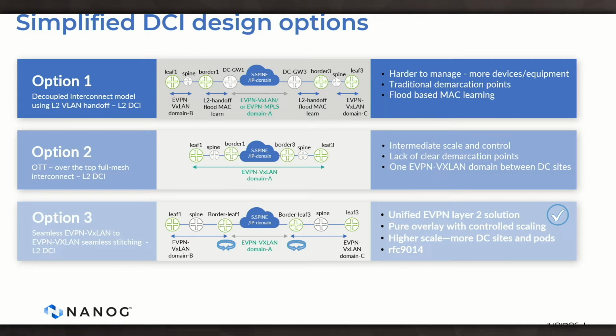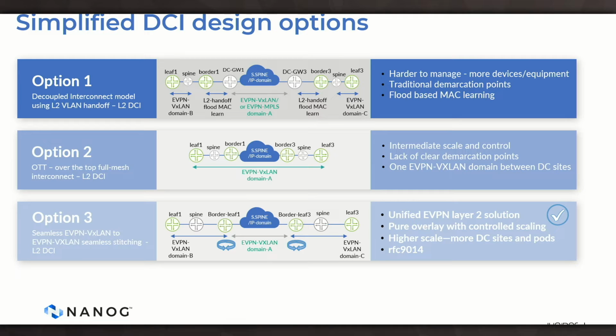So I talked about the simplifications, how to simplify the DCI connect. Whenever we have the fabric deployment, you can see here, we have one site with leaves, spine, and border. So let's say this is site A, this is site B, and in the middle, we can either have dark fibers connect or just another level of super spines. And we can simply, in this option 1, use the L2 handoff, simple flood and learn connectivity with clear demarcation points.